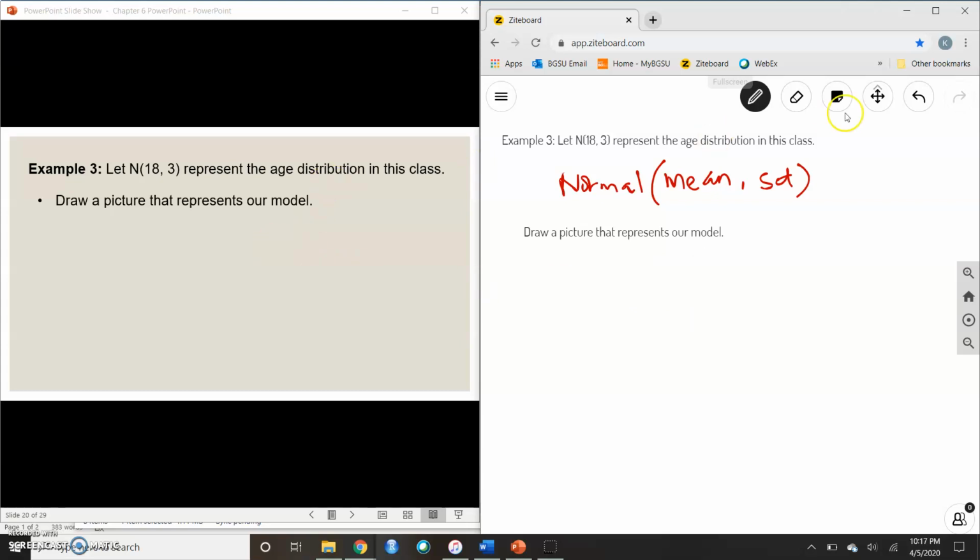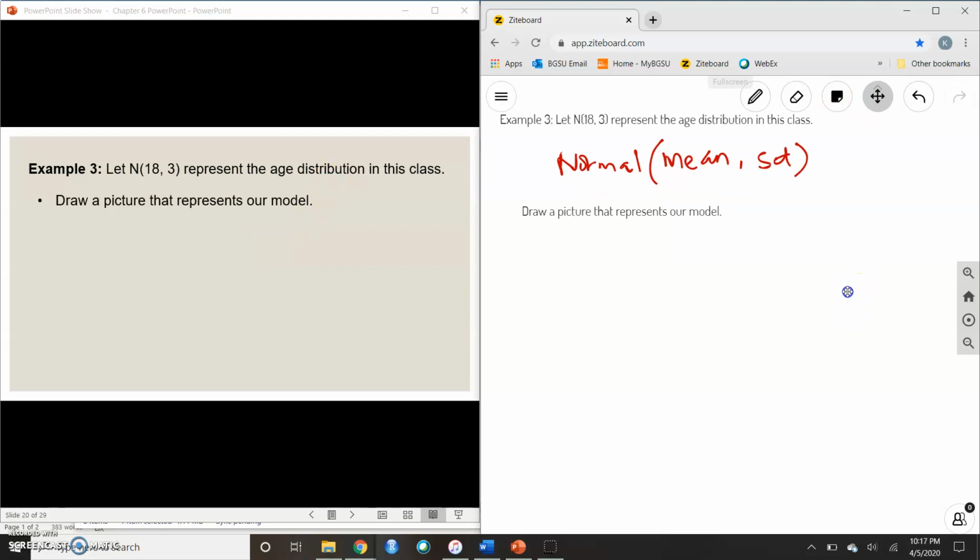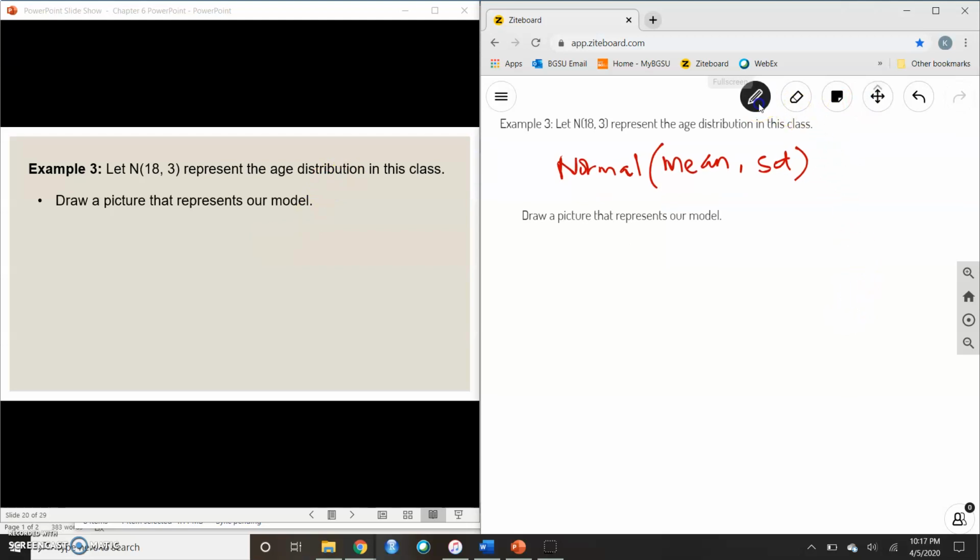The first thing that this example wants us to do is to draw a picture that represents our model. Our model is normal with a mean of 18 and a standard deviation of 3. We know that if we have a normal distribution, then it must be unimodal and symmetric. The peak is going to be the mean.